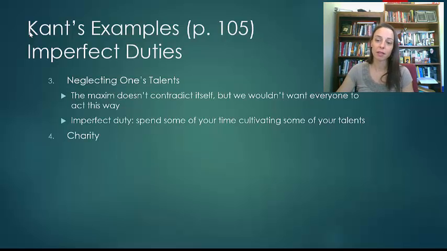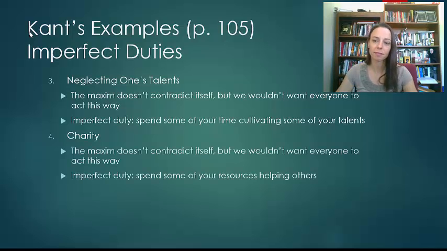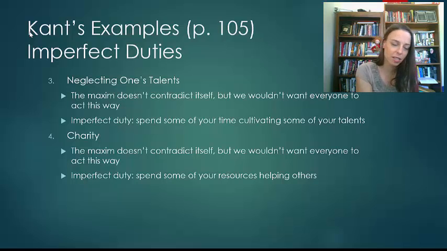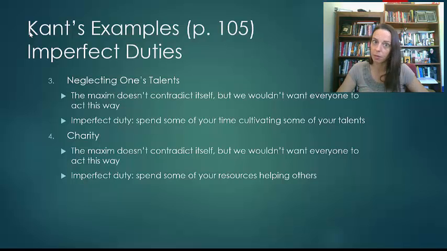The other example is giving to charity, or generally being charitable and helping other people out. So in this example, it says a fourth man who is himself flourishing but sees others who have to struggle with great hardships asks himself whether it matters to him and whether he ought to help these others. So if he didn't help other people, that is possible to do, even if no one else helped other people either, right?